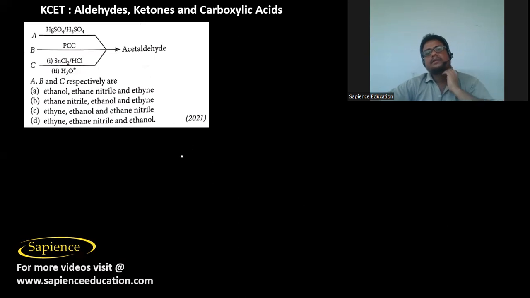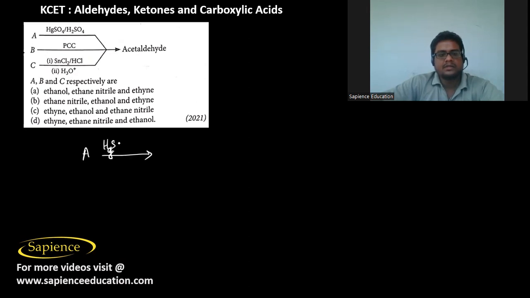Then here it is told that the compound A on reaction with HgSO4, which is mercuric sulfate with sulfuric acid, will produce acetaldehyde, which is CH3CHO.